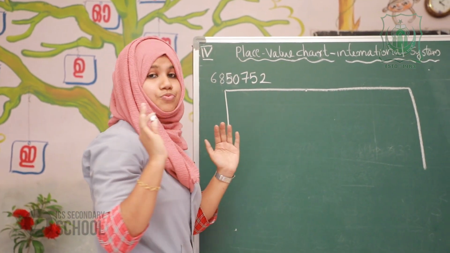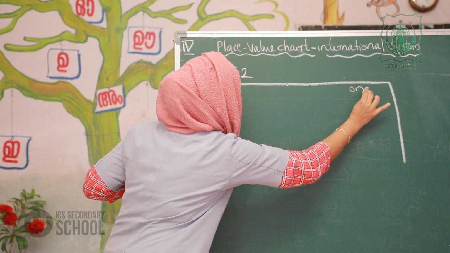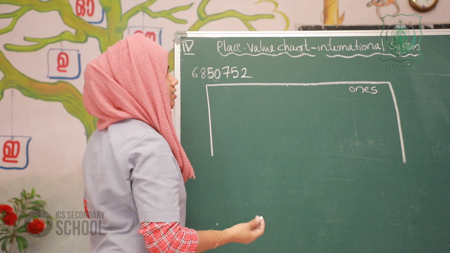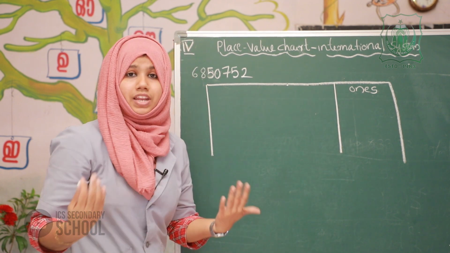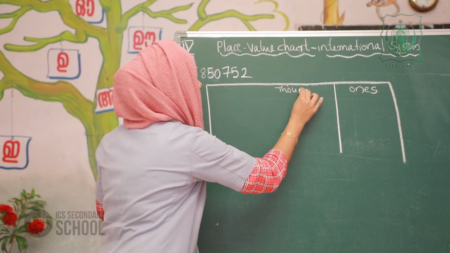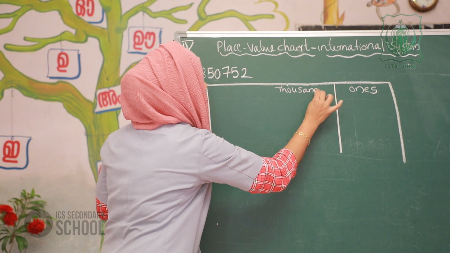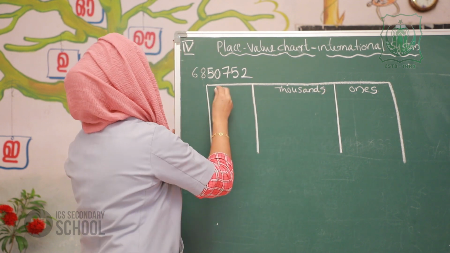And first is the ones period. Next is which period? Yes, thousands period. Okay, and the millions period.